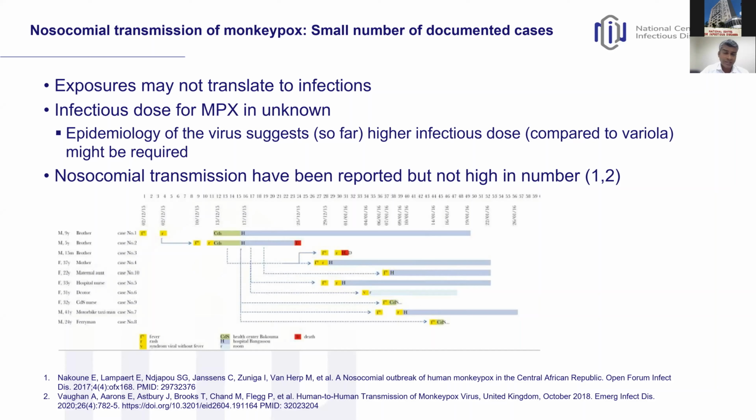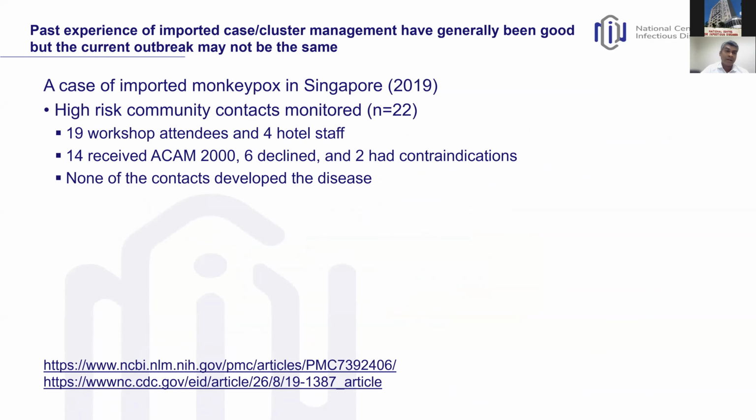So nosocomial transmission risk as of now doesn't seem to be very high. But also it could be because most of the countries are aware of the virus and are more prepared. So past experience of imported case cluster management have generally been good, but the current outbreak may not be the same, and we know it's not the same.